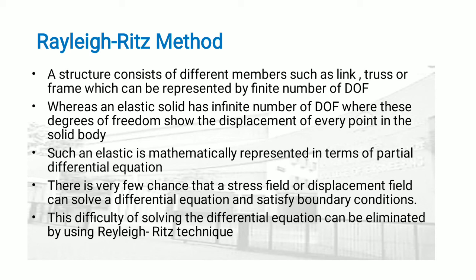Such an elastic solid is mathematically represented in terms of partial differential equations. There is very little chance that the stress field or displacement field can be obtained by solving the differential equation and satisfying the boundary conditions. This difficulty of solving the differential equation can be eliminated by using Ritz techniques.